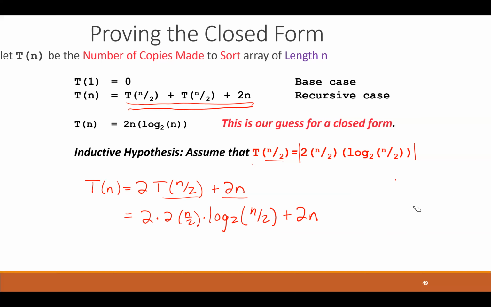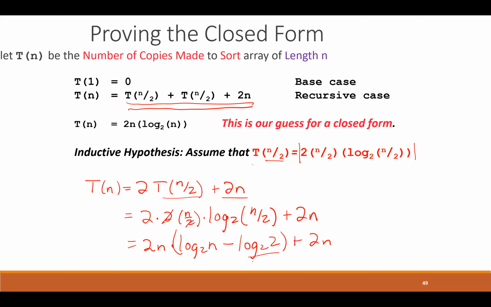Now, if I expand this out, I can do a little bit of canceling here. I get 2 times n times log base 2 of n minus log base 2 of 2, plus 2n. Log base 2 of 2 is 1, right? I divide it by 2 once to get to 1, so I can substitute 1 in here.